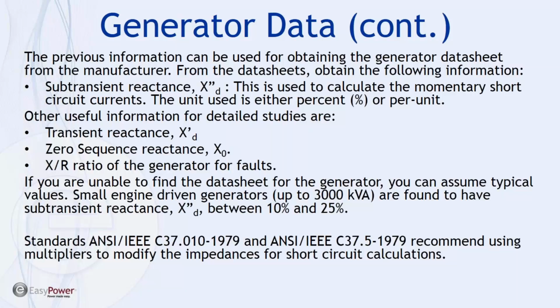Most of this information will come off the data sheet or the test sheet for the generator, and that includes the subtransient reactance and the zero sequence reactance, all of which play an important part in the short circuit data.